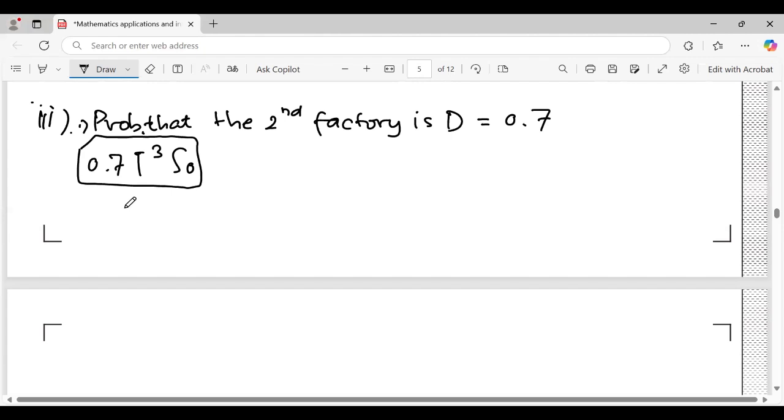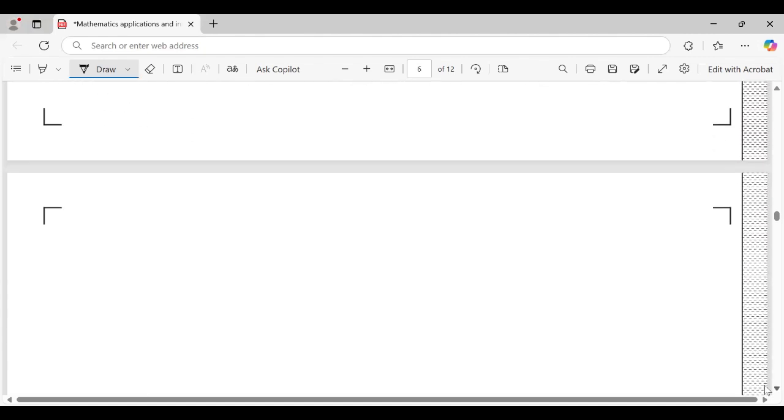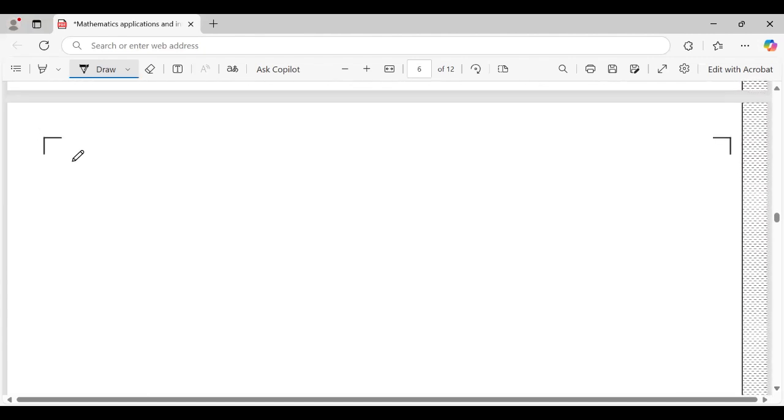Right, so it means I'm going to find first T cube times the state matrix.